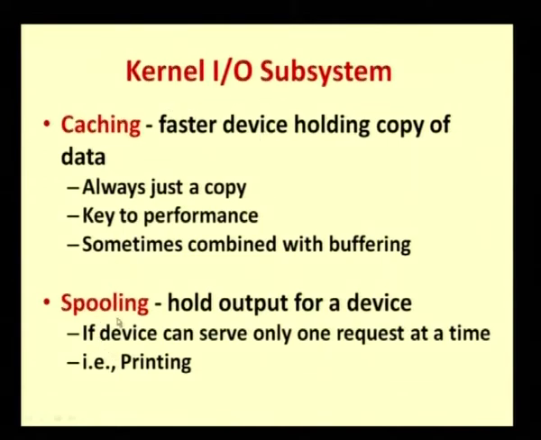The next one is spooling. What is spooling? Holding the output for a device. Simultaneous peripheral operations online is called spool, and spooling is holding output for a device. If the device can serve only one request at a time, then that is called spooling. Say you give a print request, and at the same instant you give a projector request, and you have also opened YouTube to watch a video.